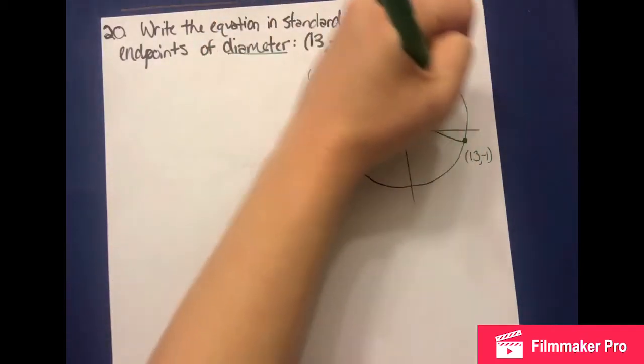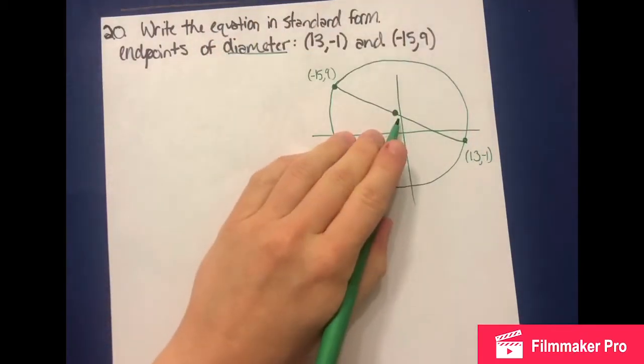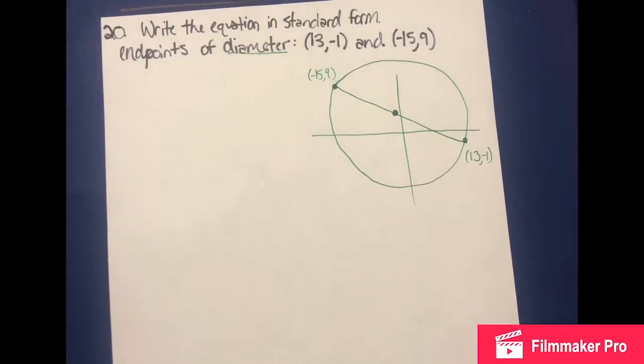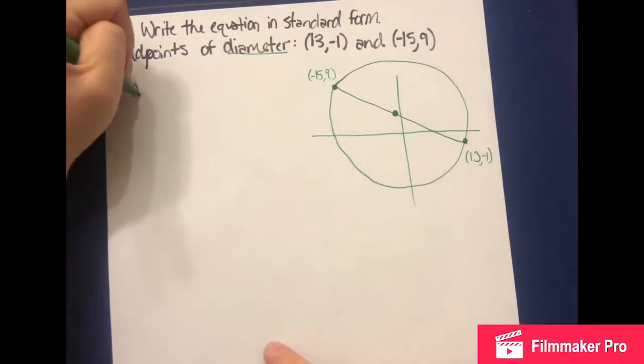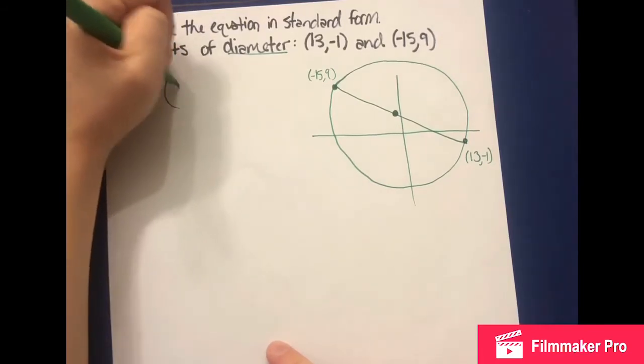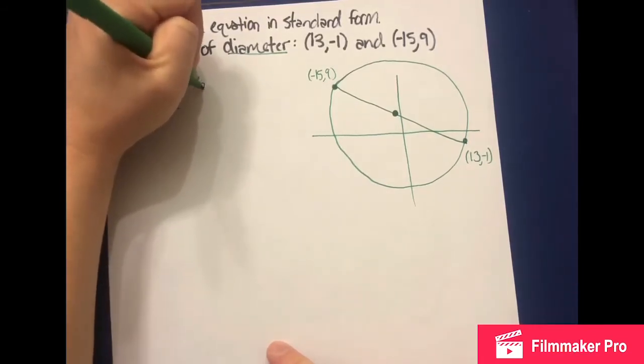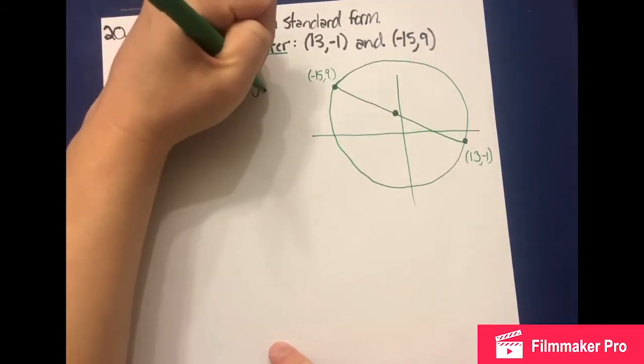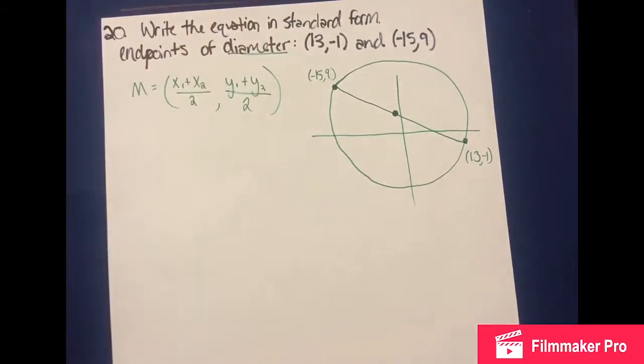So how do you find the center given the endpoints? There's two different ways. You can use partition of a segment where you go 1/2 of the way, but I'm just going to use the midpoint formula. It's the easiest here. The midpoint is just the averages of the x's and the averages of the y's, and it's a point.